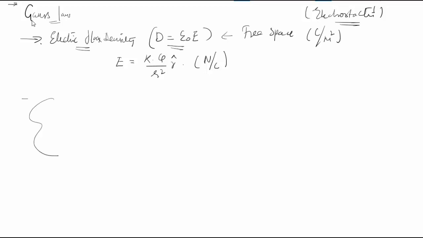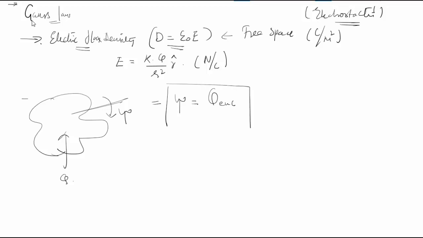If you assume there is a closed surface, and the total charge enclosed by this closed surface is q, then the flux coming out of this surface will always be equal to the enclosed q.